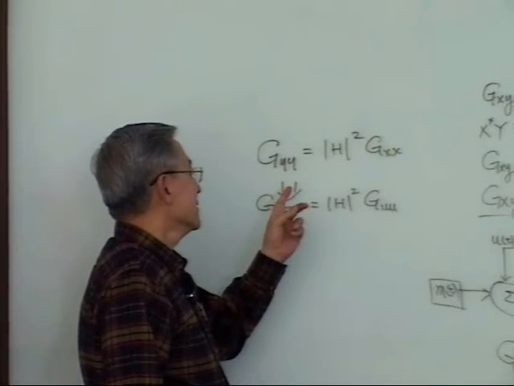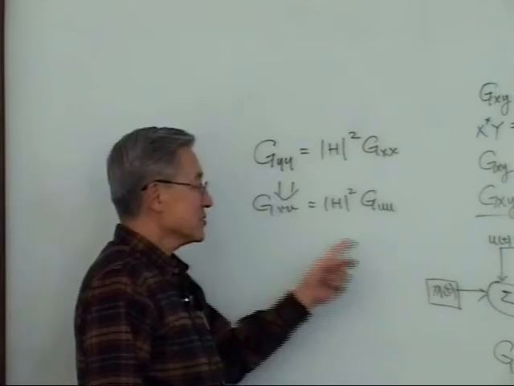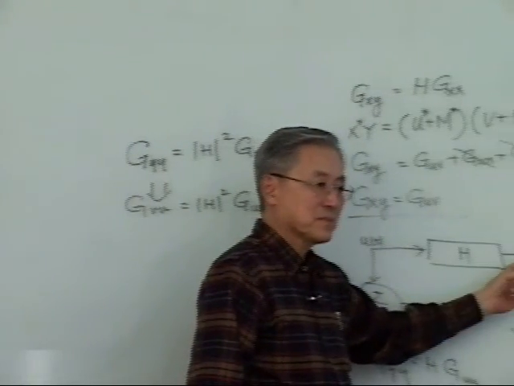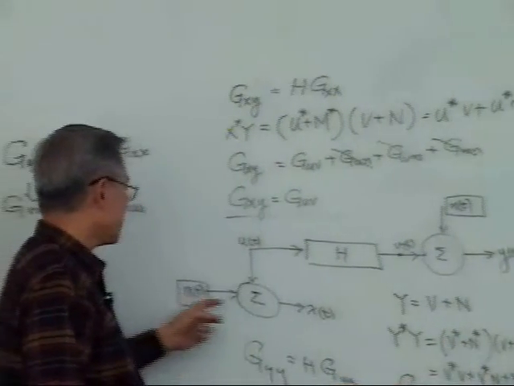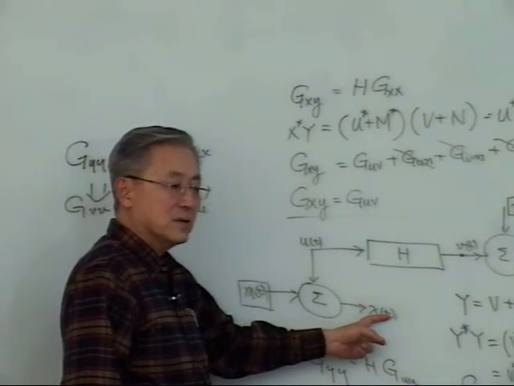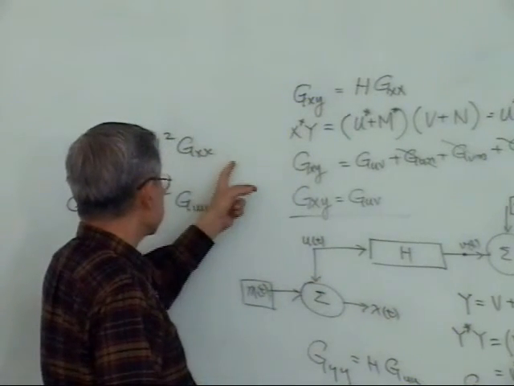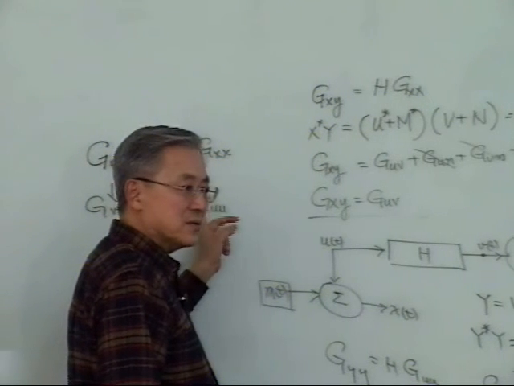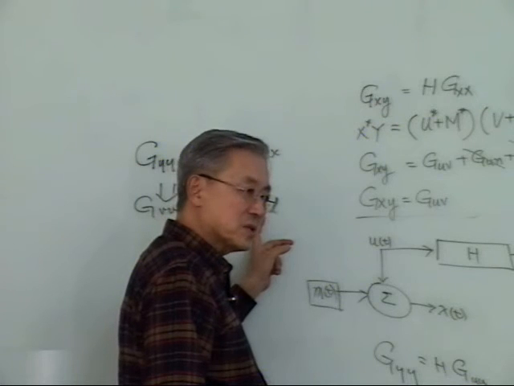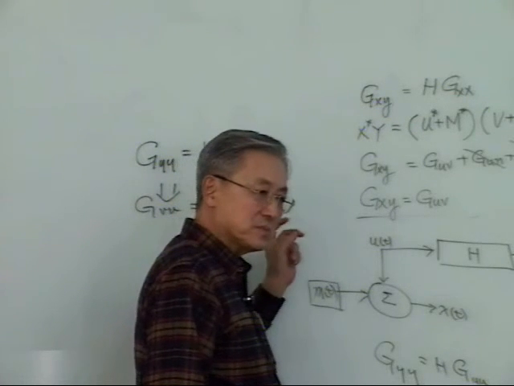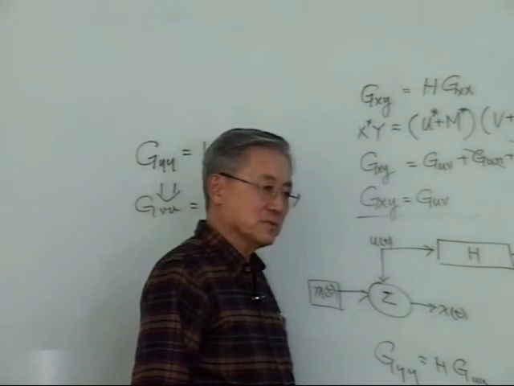This is nothing but true because UV is right there. The question is, when you tap here, how can you say this is equivalent to that relation? How come this is equal? That's what I want you to prove. I'll look at it myself also.